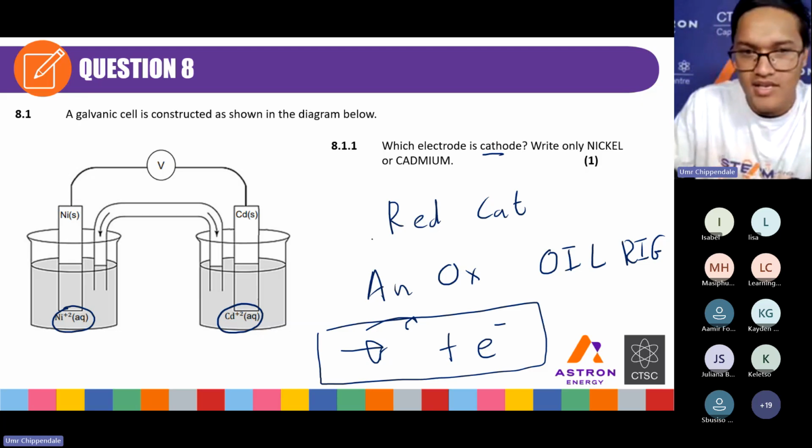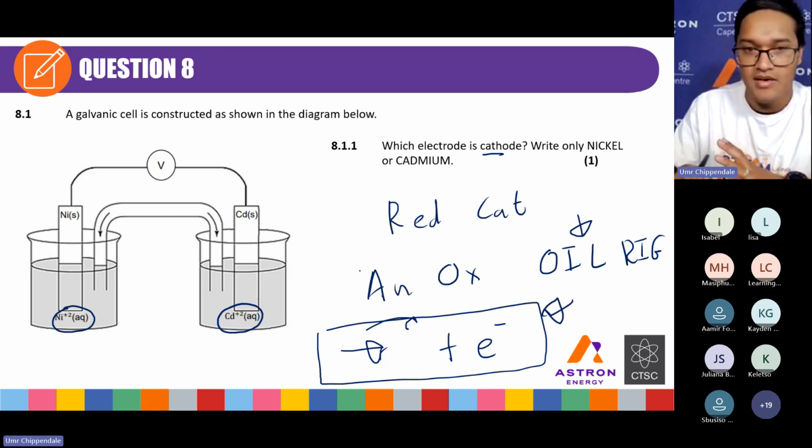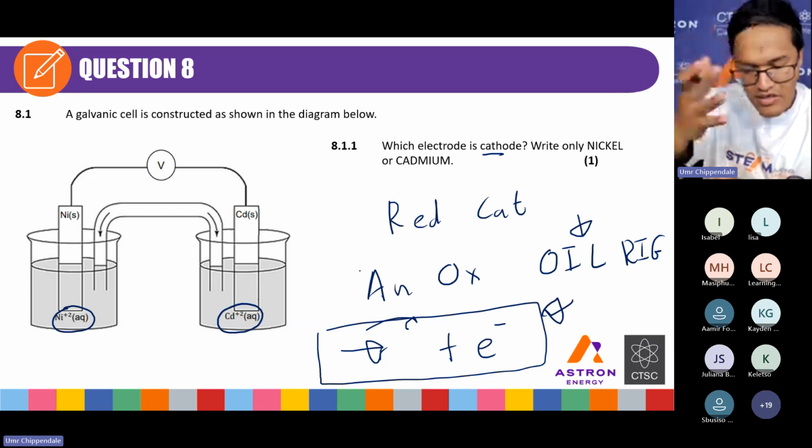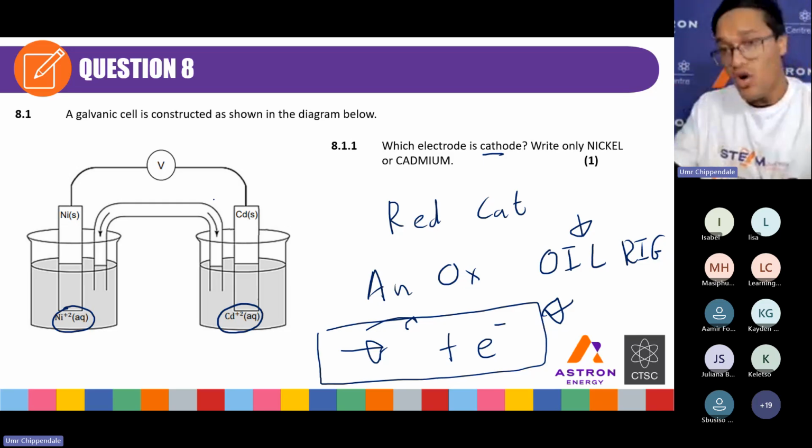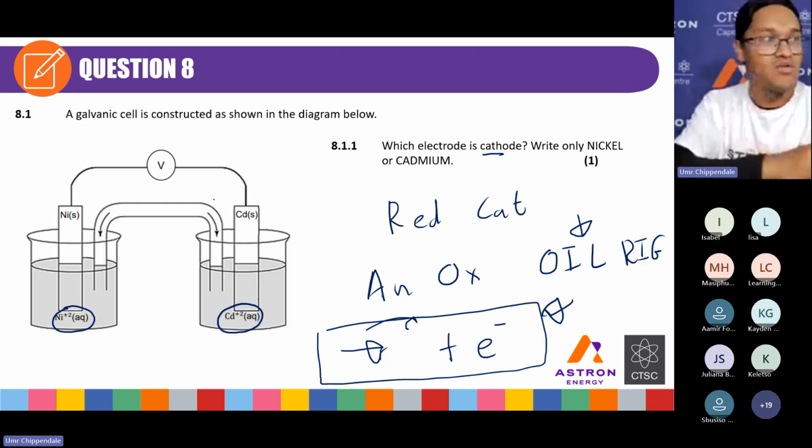That is oil rig. So please, this is a very important note for you to remember. Whenever you see the electrons on the right-hand side of the arrow, that's the oxidation half reaction. Red cat means reduction takes place at the cathode, and ox means oxidation takes place at the anode.